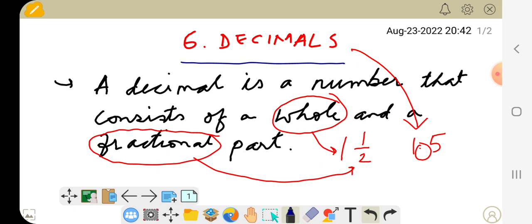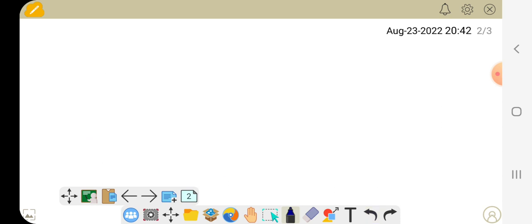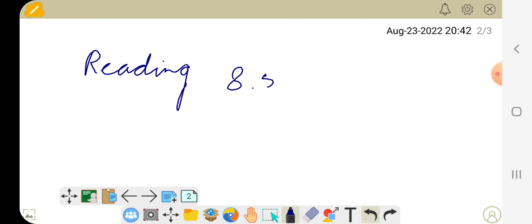Now let's move to the next, reading and writing of decimals. So how to read the decimal? Suppose the number is 8.58. So how to read it? Don't read it like eight point fifty-eight. That is the wrong way.